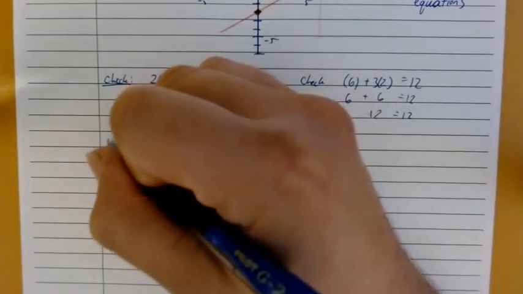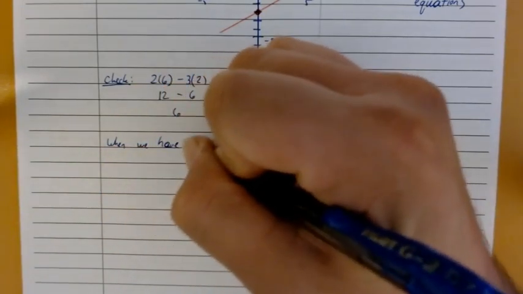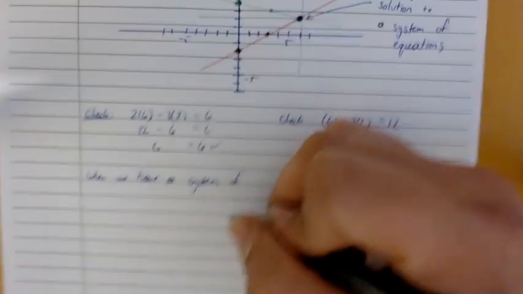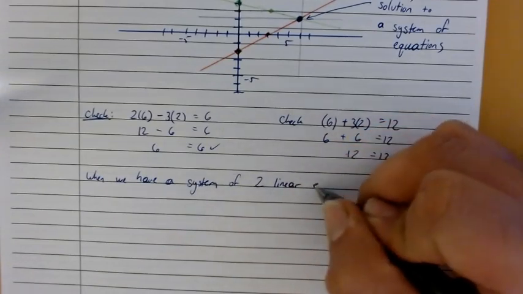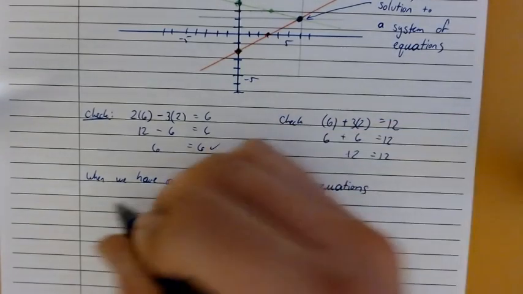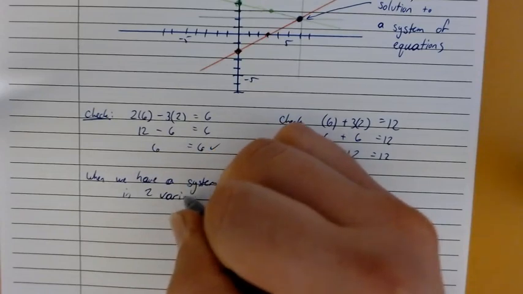Those 3 outcomes are when we have a system of 2 linear equations in 2 variables, which is all we're going to be dealing with right now.